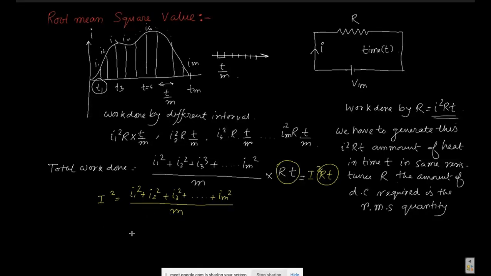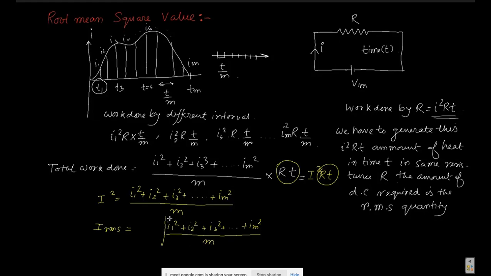So now I RMS, root mean square, is the root of I1 square plus I2 square plus I3 square plus dot dot dot plus Im square, by m.